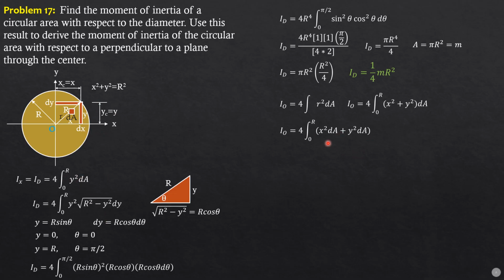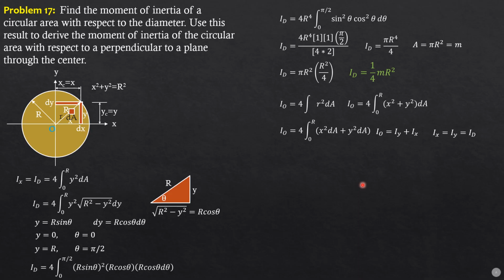So therefore, multiplying this by 4, that would be the moment of inertia with respect to the origin. So that it is just I x plus I y. And I x plus I y, which is also equal to I with respect to the diameter, then from there we conclude, and we already derived the moment of inertia with respect to the diameter.